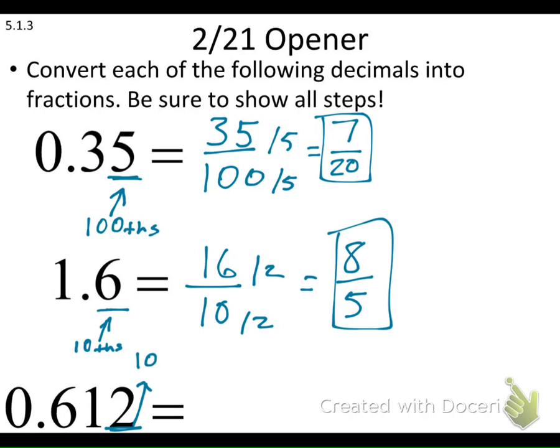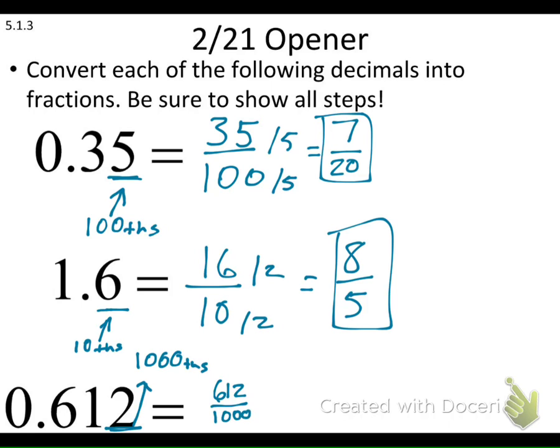So I'm going to write 1,000ths. And Jaden, what's my numerator? If we're writing the decimal without the decimal point, yep, 612. Perfect. And Mackenzie, what's my denominator? Yeah, 1,000.